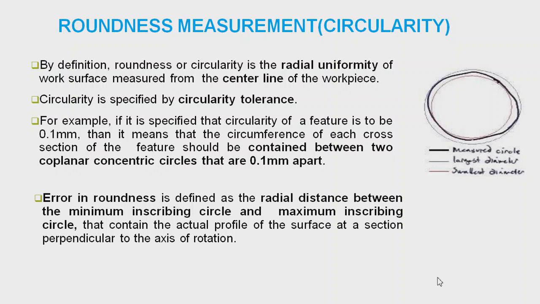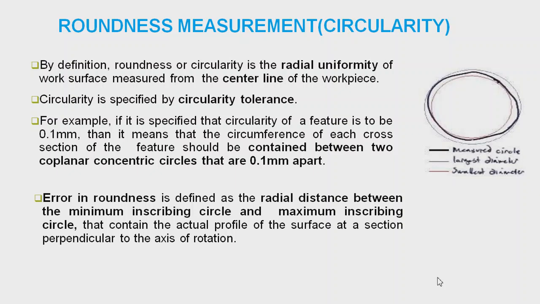By definition, roundness or circularity is the radial uniformity of the work surface, which is measured from the center line of the workpiece. It conforms to the definition of the circle. What is a circle? A circle is the locus of a fixed point moving at a fixed distance, which is called the radius.